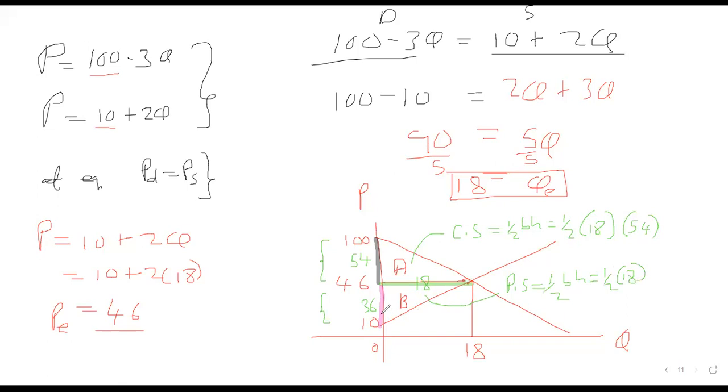Our height is what? 36. So what we find here is 486, and what we find down there is 324. When we total them up, we get the total 810.